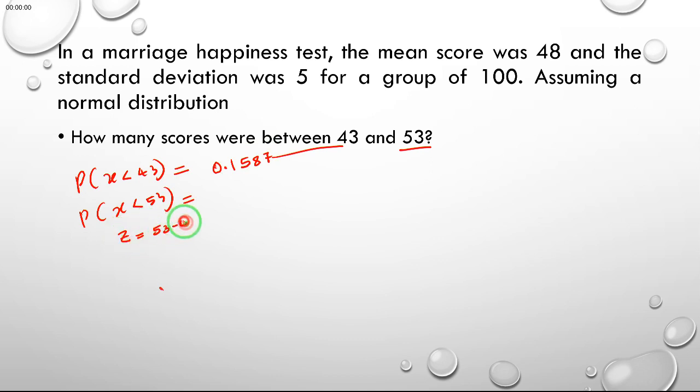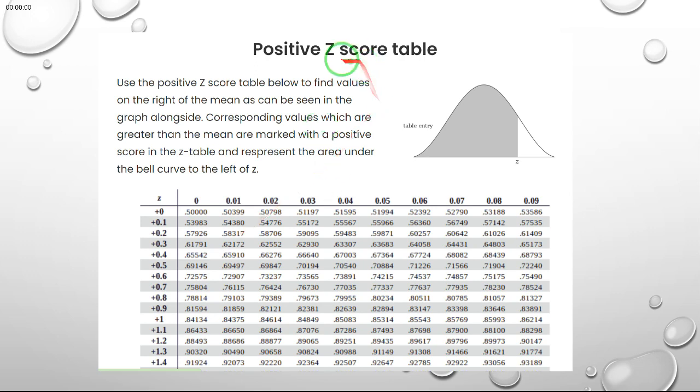You can follow the same idea by finding z for the second one, which is 53 minus 48 divided by 5, equivalent to 5 over 5, so this is positive 1. You go to the normal distribution table for the positive z-score, and you can see that the probability for z between 0 and 1 is 0.8413.